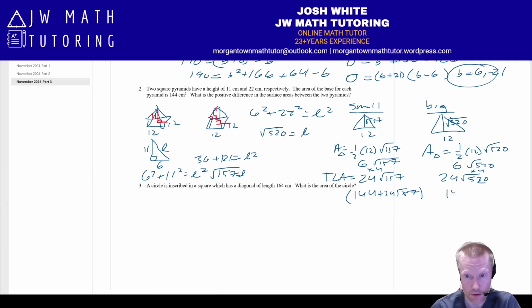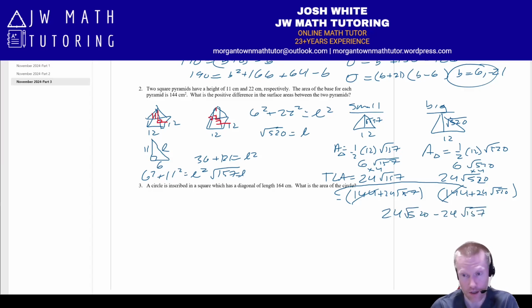Total surface area for the large one is going to be, again, 144 plus 24 square root 520 centimeters squared. And we subtract these, and since it says positive difference, we want big minus small. So you can see the 144 is just going to cancel out, and then you're just going to be left with 24 root 520 minus 24 root 157.